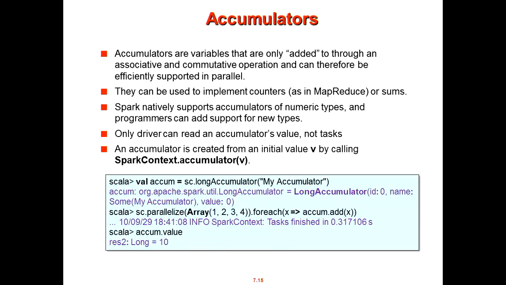And next is accumulators. This is much easier to understand because you already know what a counter is in MapReduce, right? Accumulators are variables that are only added to through an associative and commutative operation, and therefore they can be efficiently supported in parallel. It's very important that it is associative and commutative, which means that the order of the operations will not affect the result.